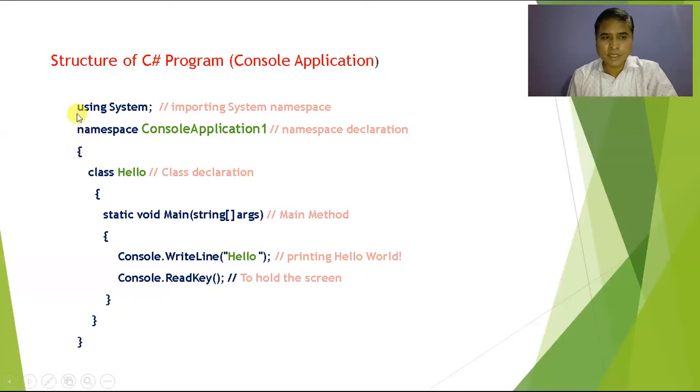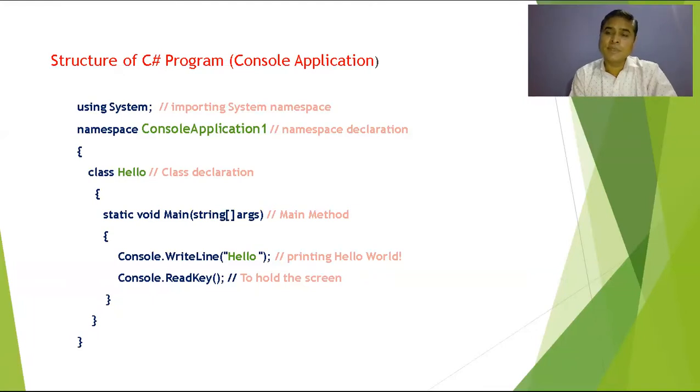Here the first line is using System. What is the meaning of this using System? It is just like importing something within your program. Here System is a namespace, and using is a keyword, just like import.